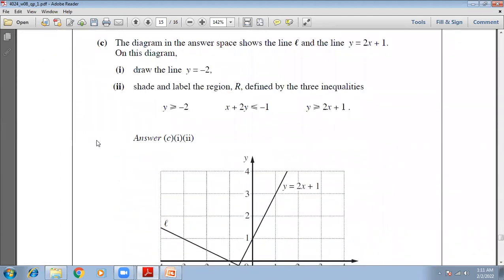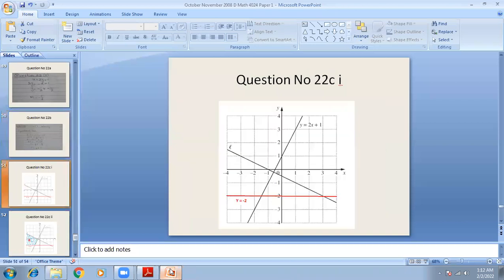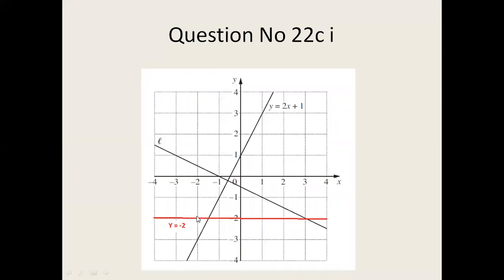Okay. The diagram in the answer space shows the line L and the line y equals to 2x plus 1. On the diagram, draw the line y equals to minus 2. So the line y equals to minus 2 will be a horizontal line here like this. So let me show you. So this is that line y equals to minus 2.